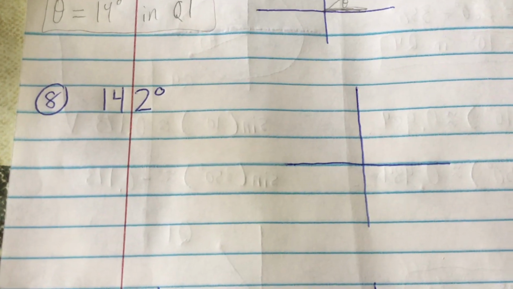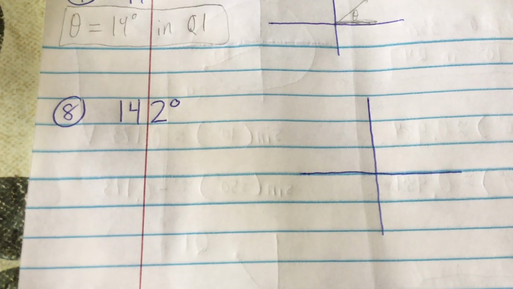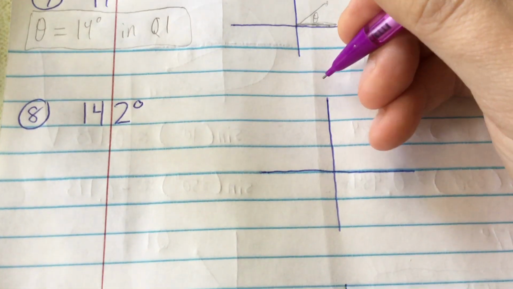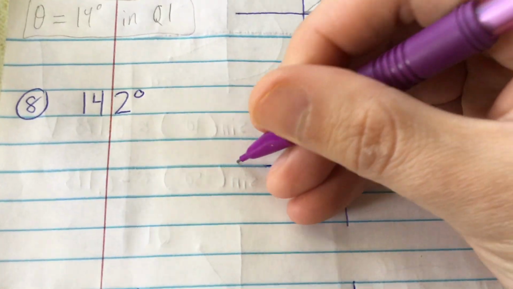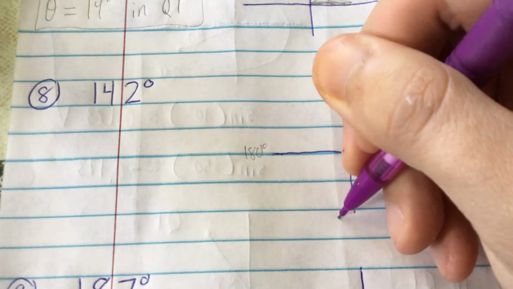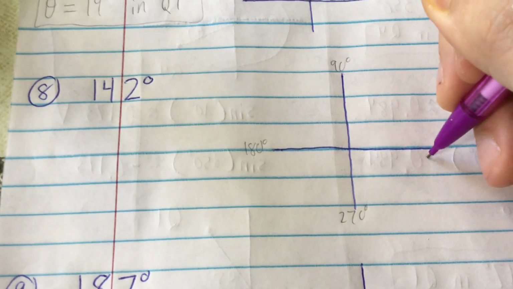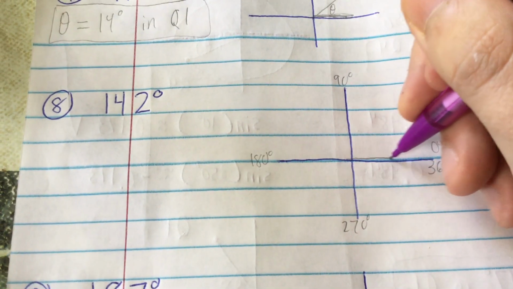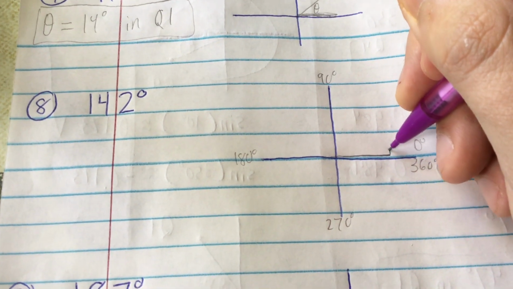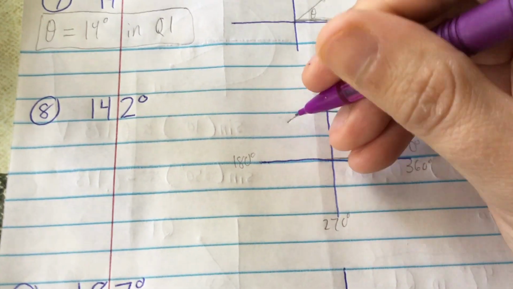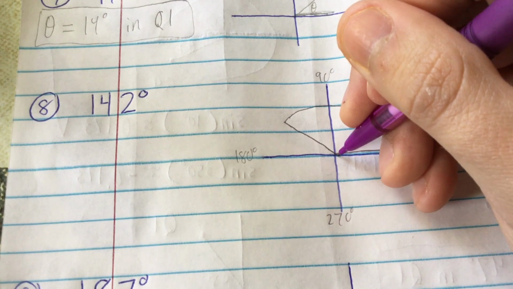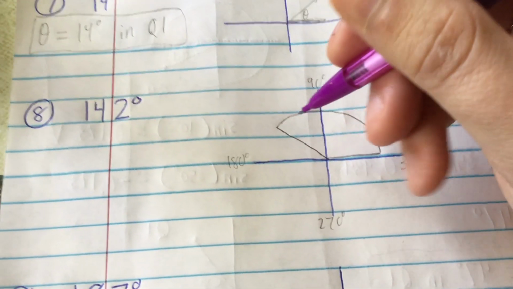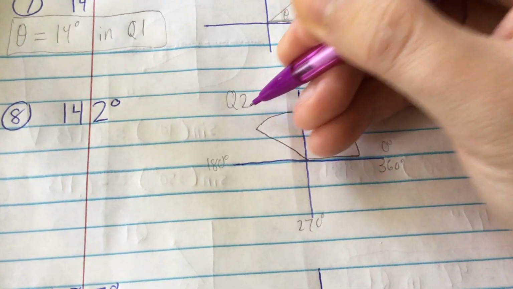Where are we for 142 degrees? Remember that this is 90, 180, 270, and 360. If I were to draw this angle, it would be past 90, not quite 180, and I don't care too much about whether you're more than halfway or under halfway. Just show me that you're in quadrant 2.